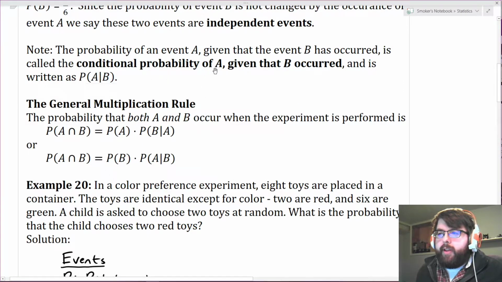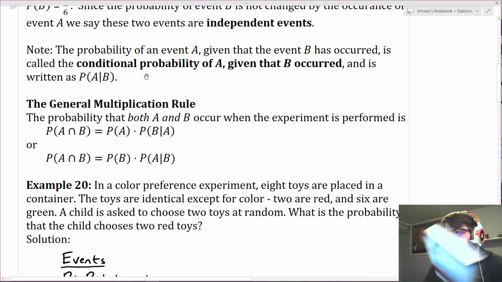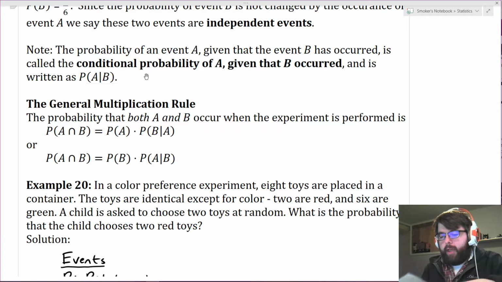The conditional probability of A given that B occurred is P(A|B). I just want to check that real quick, make sure that was a typo and that I'm not misinformed, and I don't want to misinform everybody else.